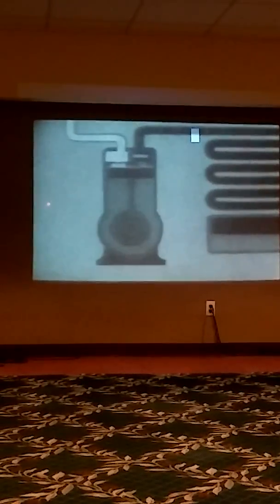Dale, primo. The gas is compressed and is finally pushed through the discharge valve into the condenser. The refrigerant enters the condenser as a high-pressure gas, and its temperature is higher than that of the air or water cooling the condenser. Ahí lo convierte en líquido. As heat flows from the gas to the cooling agent, the gas condenses, changes to a high-pressure liquid, and passes into the liquid receiver or storage tank.